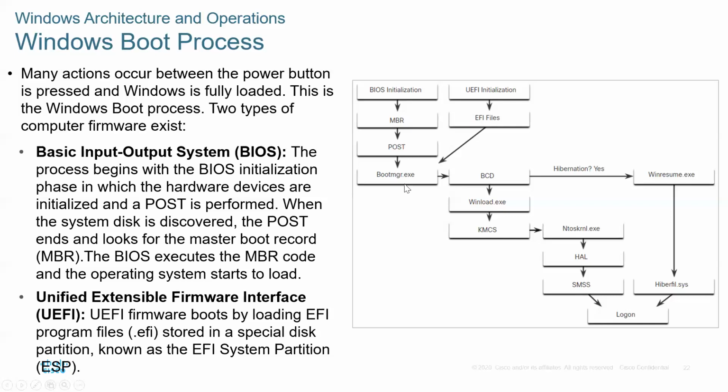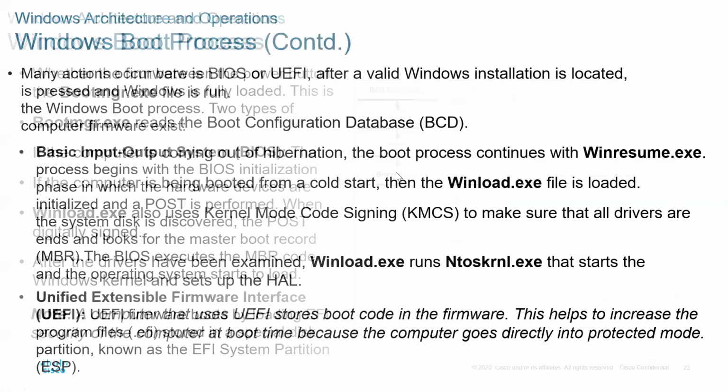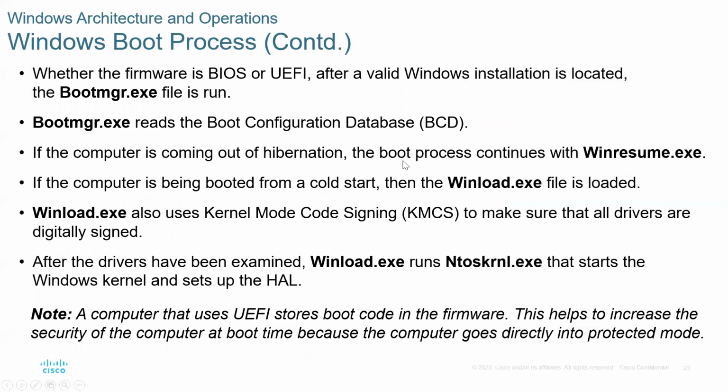Then it takes you to the boot manager, which then takes you to BCD, which is part of Windows, and it starts loading all the different kernels and everything in between. You'll notice that without having POST, UEFI is typically a faster boot process, and that's why most systems use it today. So whether the firmware is using BIOS or UEFI, this is typically located on your motherboard itself.